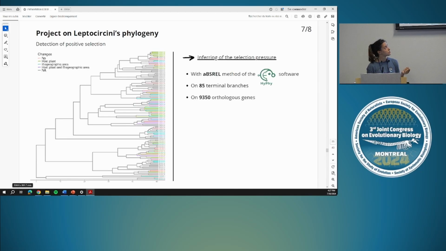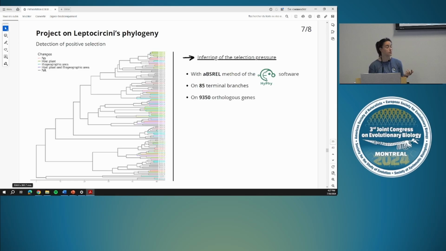For selection pressure inferences, we used the software and its RBSREL method, and we ran the analysis on the 85 branches selected and all the orthologous gene alignments for which at least one branch was represented.